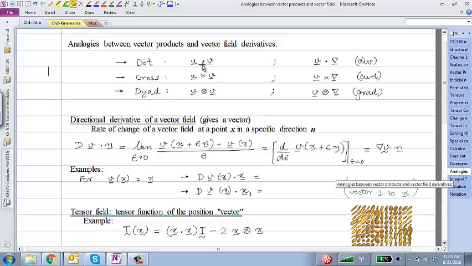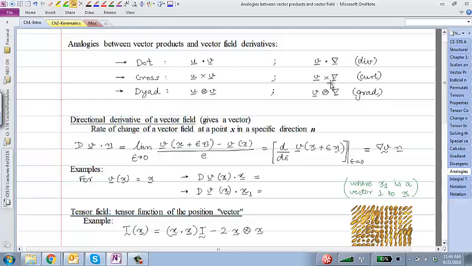So there is a nice analogy between these different vector products. We know the dot product, cross product, and the dyadic product between two vectors. The first one gives a scalar, the second gives a vector, the third gives a tensor, right? In the same way, these derivatives that we've talked about for the vector fields also have the same sort of analogy. A dot product of the vector field V with the grad operator that I showed you gives me a scalar, which is what we are calling divergence of a vector field.